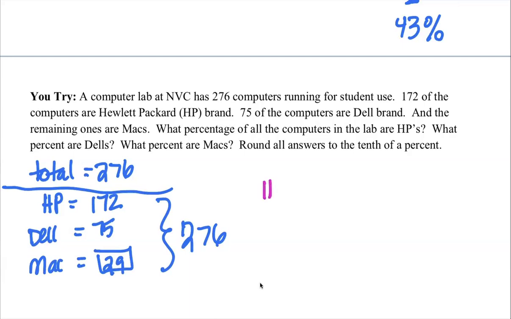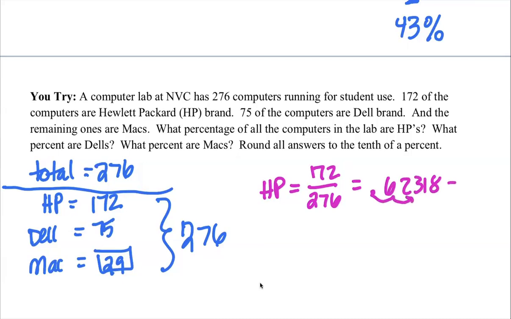So for Hewlett Packards, the percentage, we'd need the part to the total. So 172 divided by 276 is 0.62318. When we turn that into a percentage, where are we rounding? Rounding to the 10th. So that would be 62.3%.